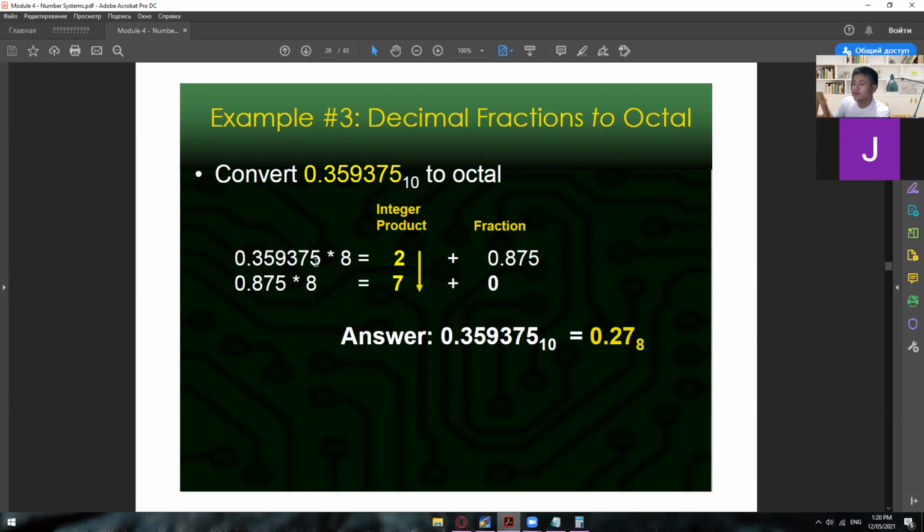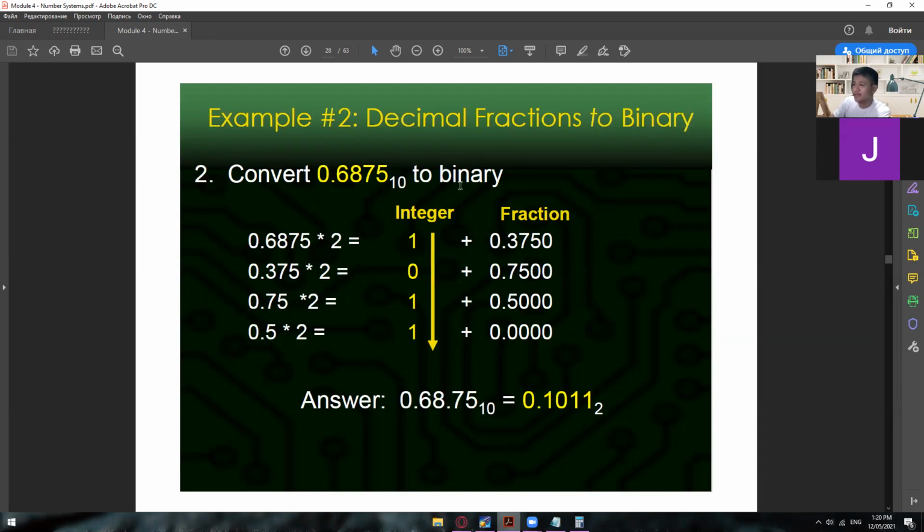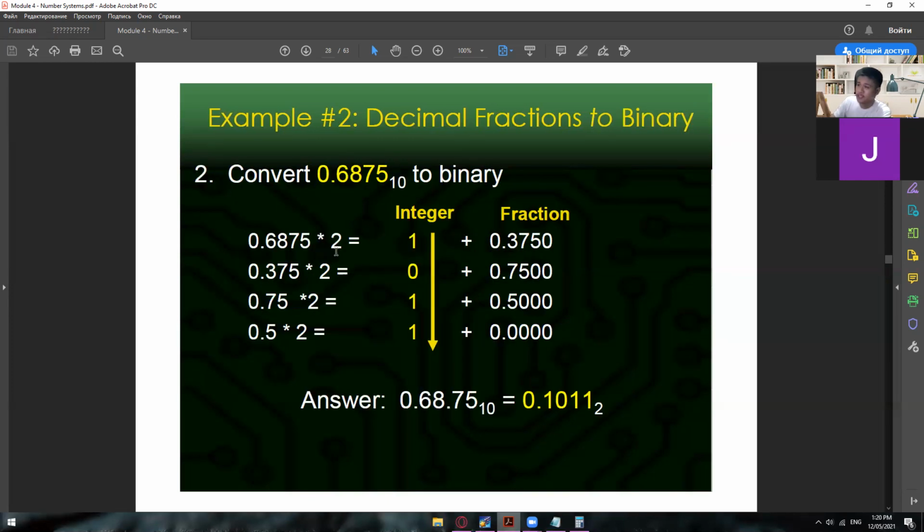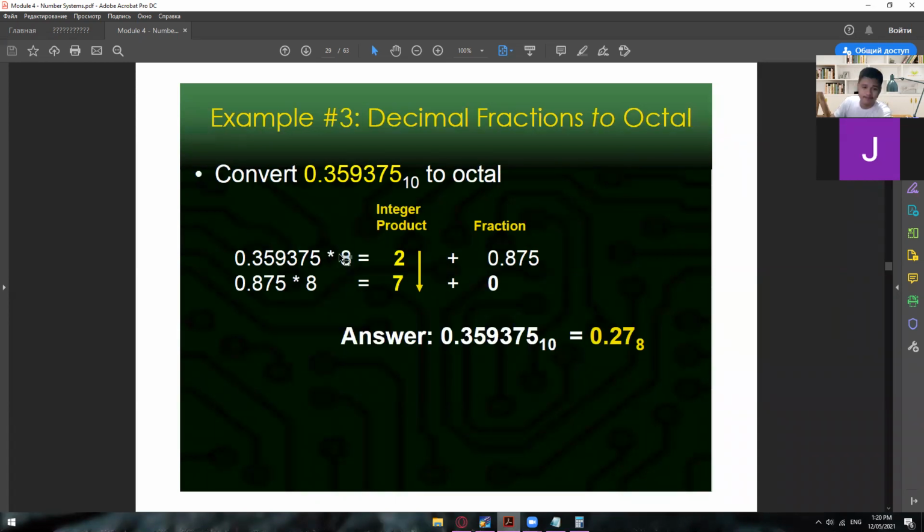Okay, so let's have more examples. But in here, instead of binary, we are now talking about octal. So all you need to do is change your multiplier from 2 to 8, and everything is the same. So 0.359375 times 8 will give you 2.875, and then just get the 0.875, or the fraction part. 0.875 times 8 will give you exactly 7.